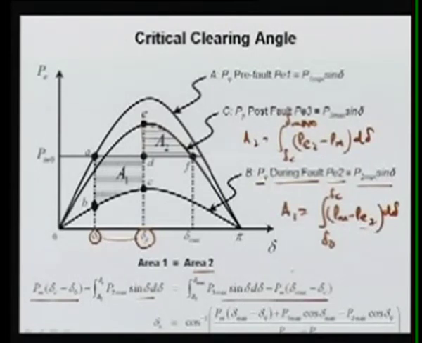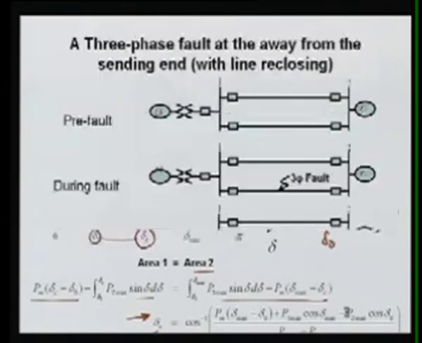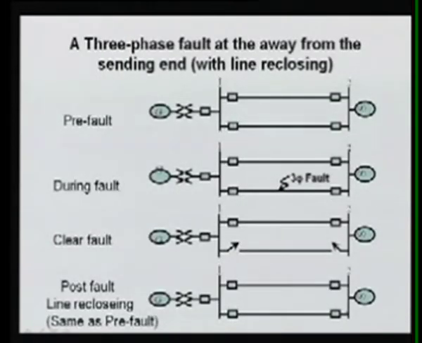Again you can see PM delta C appears on both sides with plus signs, so it will cancel out. So we can determine delta C, the critical clearing angle: it is the cosine inverse of PM times delta max minus delta naught, plus P3 max cos delta max minus P2 max cos delta naught, divided by P3 max minus P2 max. So we can determine the critical clearing angle for the different cases.